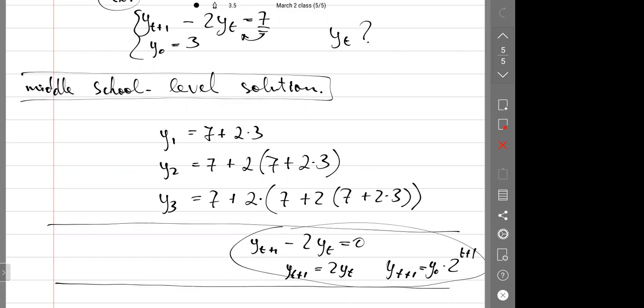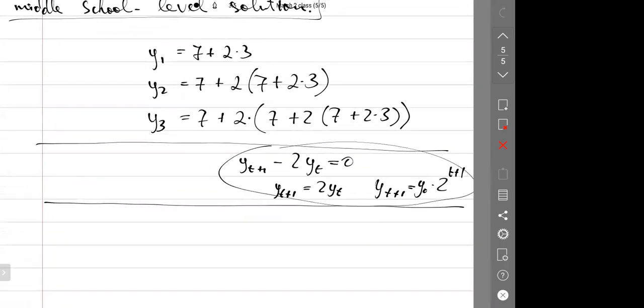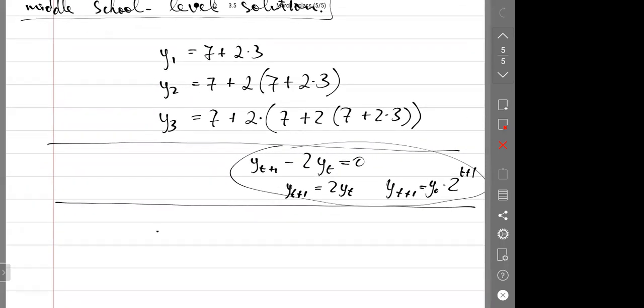Without characteristic equations, lambdas, and so on, I can just move 7 to the left-hand side: y_{t+1} minus 2 y_t minus 7 is 0. Now what will I do?